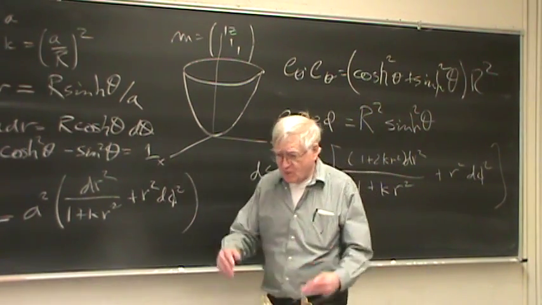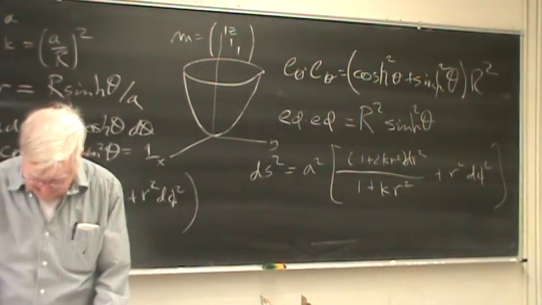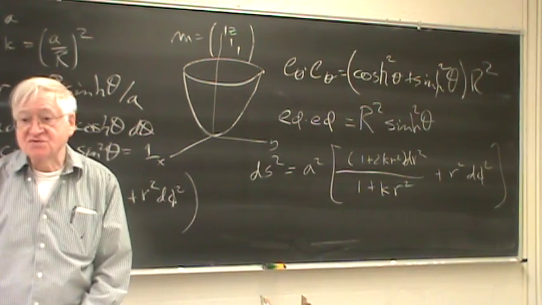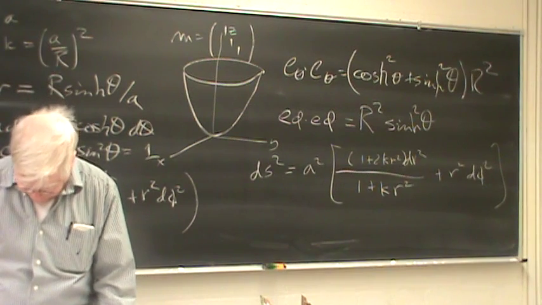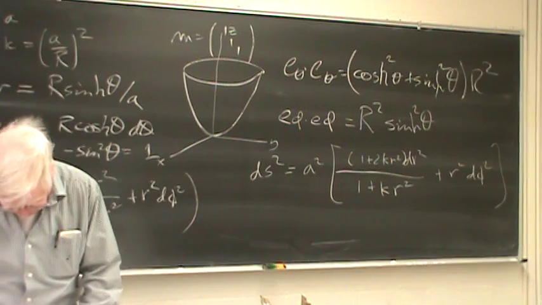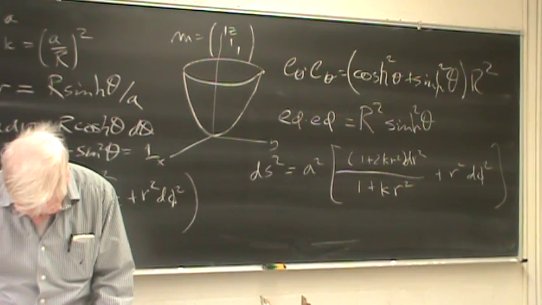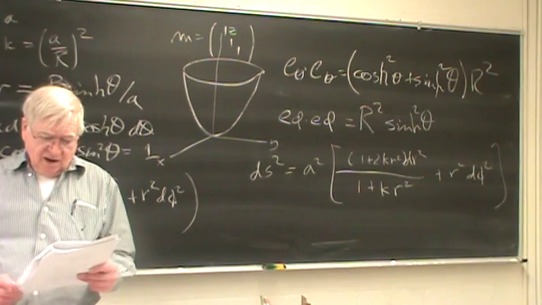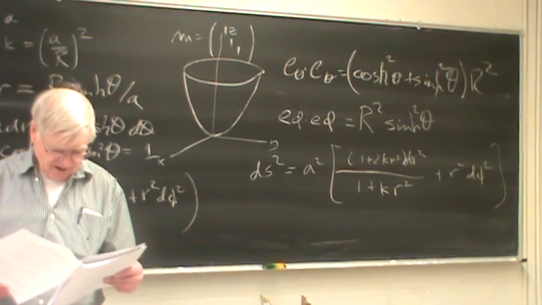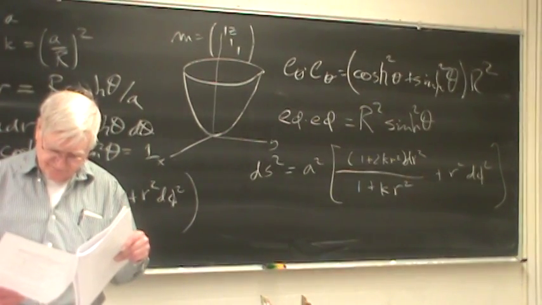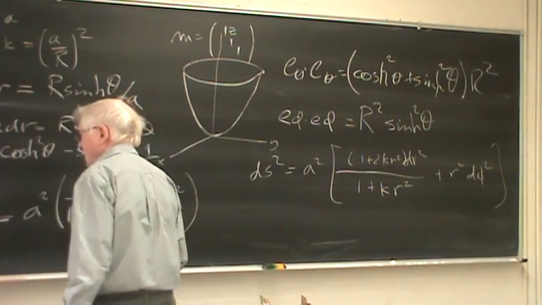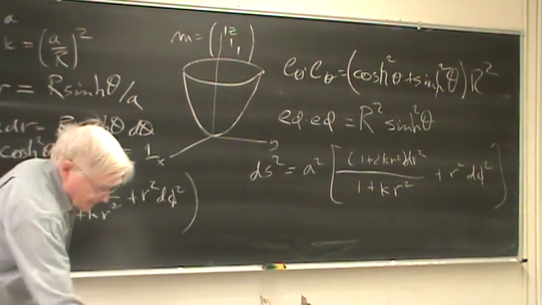The other one is one that I did last time without any trouble, because it was just, how shall I say, the sphere S², and let me remind you what that turned out to be.